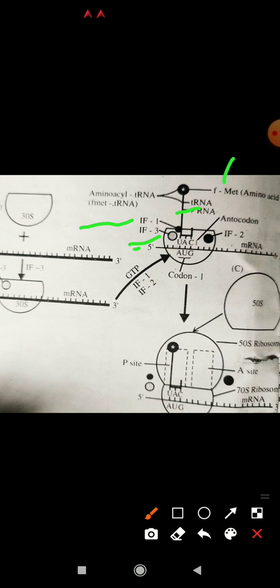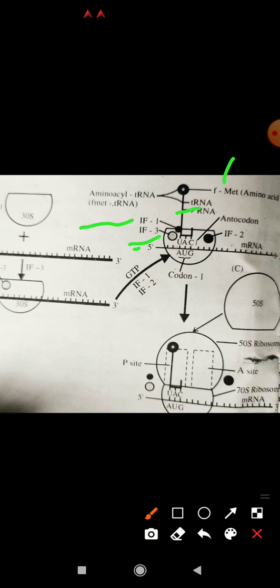The first codon on mRNA is always AUG. That also you remember. The first codon on mRNA is always AUG, and that is why it is called the initiation codon or start codon, which is necessary for the initiation step.